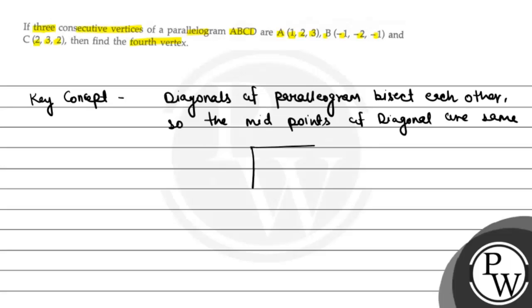Let's say this is a parallelogram ABCD, and these are the diagonals, AC and BD. The diagonals of a parallelogram bisect each other, so let's say they bisect at the point O. So O is the midpoint for both AC and DB. Okay, so let's find the fourth vertex of the parallelogram ABCD.